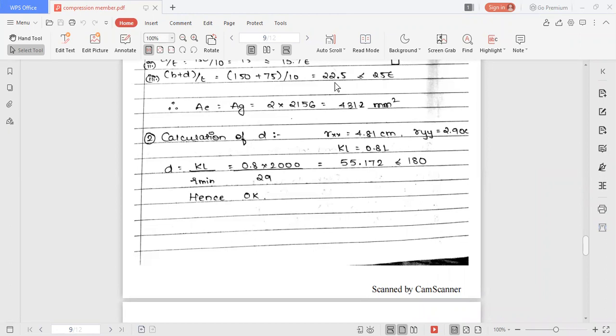After completing, let me know. The value should be less than 180 as per your IS 800-2007. हो गया यहाँ तक के सबका? Yes, done up till here, every one of you.